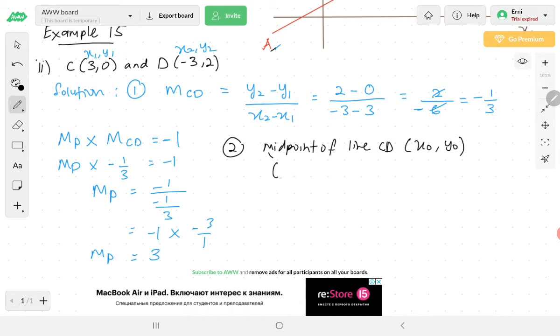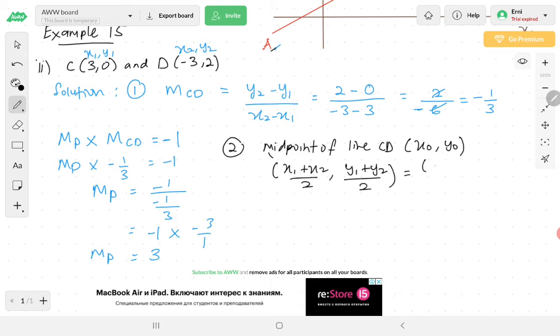So the equation will be (x1 plus x2 over 2, y1 plus y2 over 2).